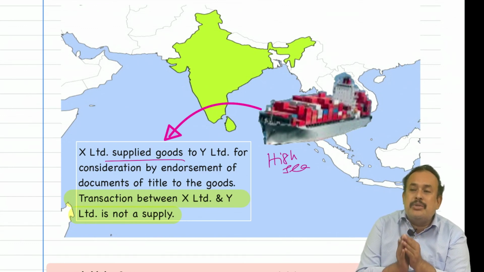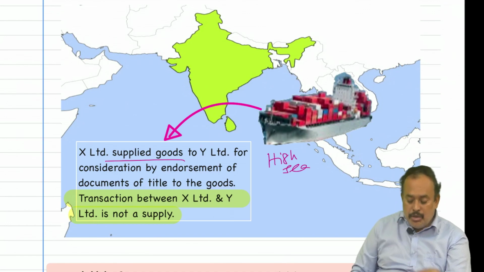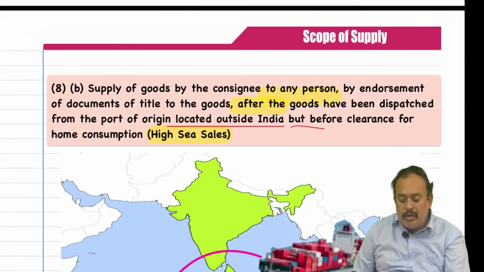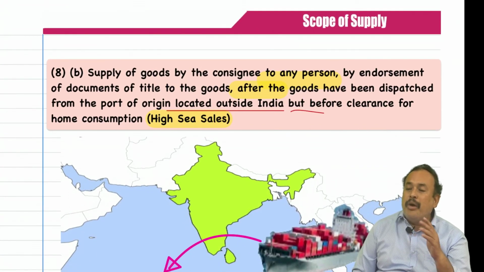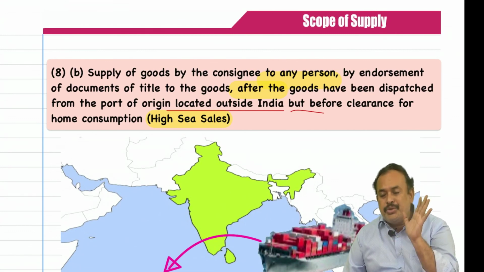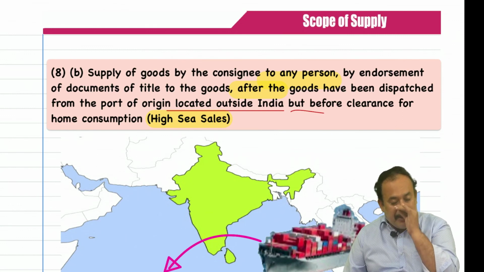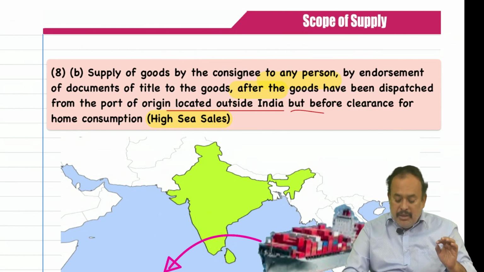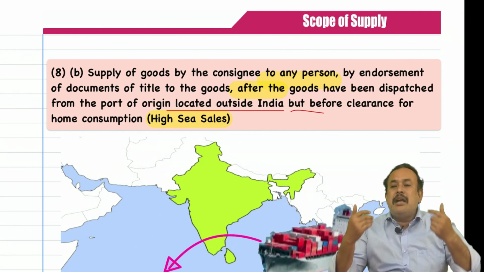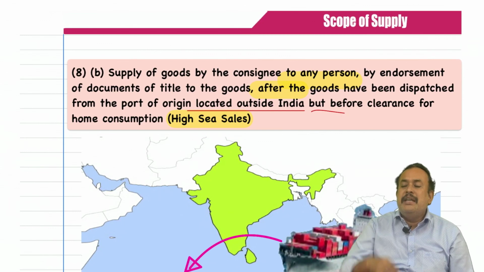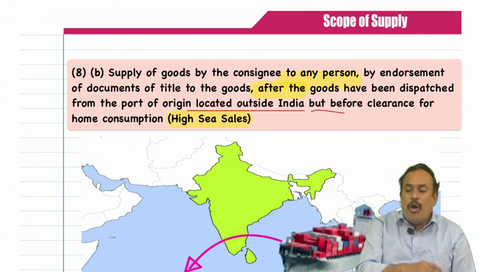Supply excludes this transaction. So, my dear friends, we have covered so far all the 8 points in Schedule 3, which talks about what supply excludes, namely called the negative list. A quick recapitulation of all the 8 points, my dear friends.